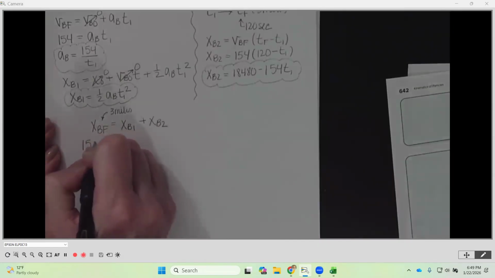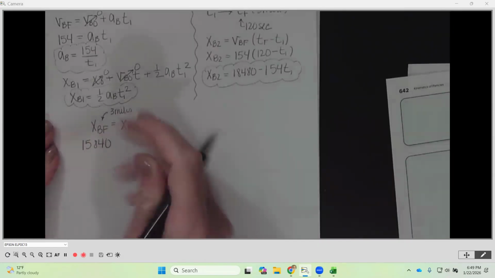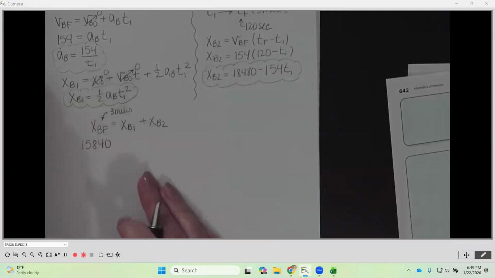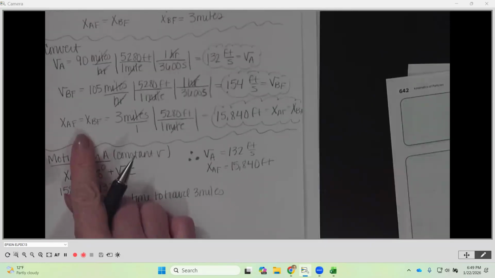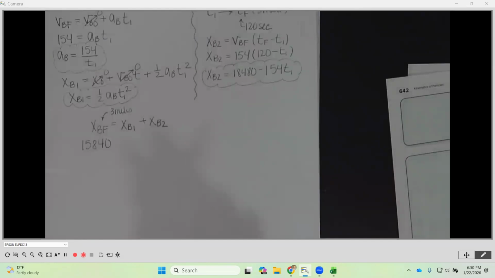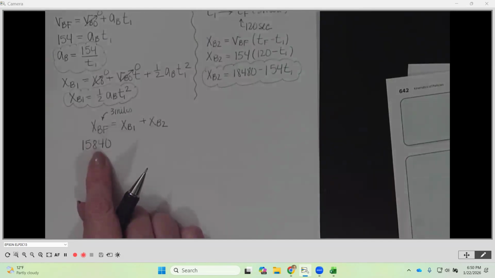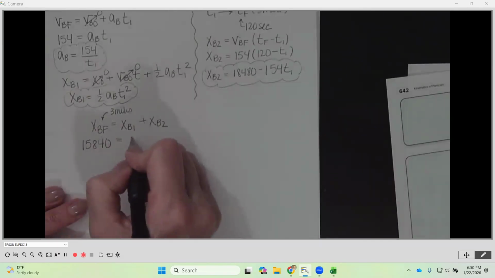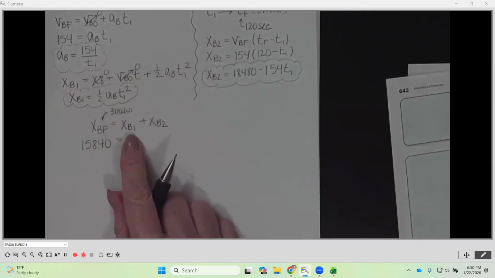We know this to be 15,840 feet. So if we look back at our conversion that we did, the 3 miles, 15,840 feet. Okay, that's where that is here. Okay, so don't put 3 in there. We're putting the feet in there. It's going to be equal to, and if we look at the equation for XB1, it's right here.